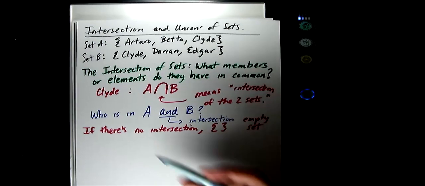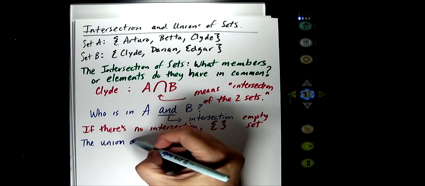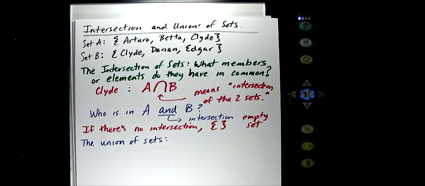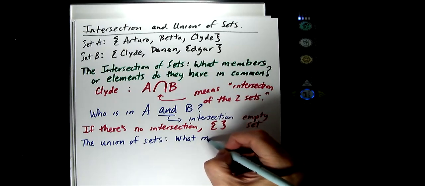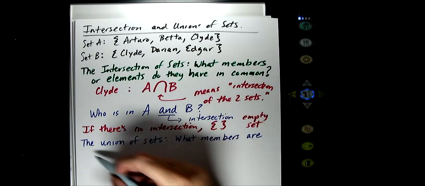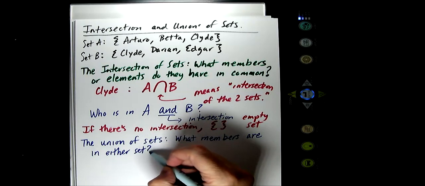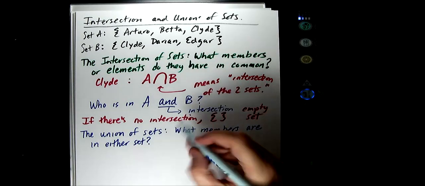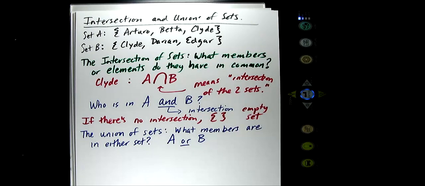Let's take a look at the other one, the union sets. The question here is what members are in either set? Or A or B. Or is the magic word here.